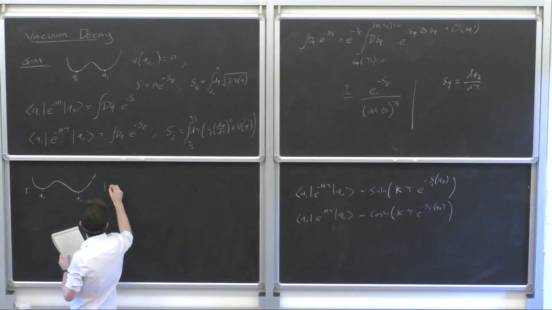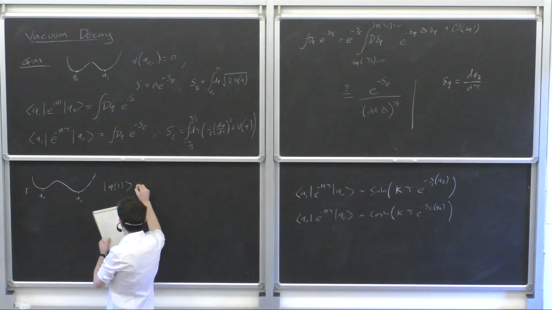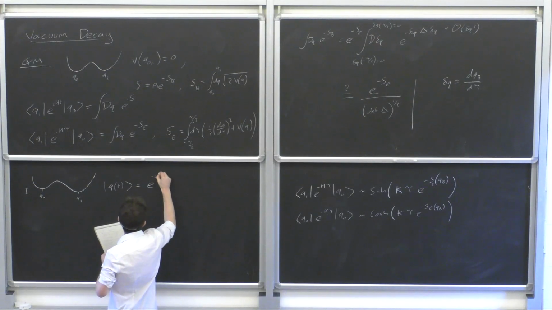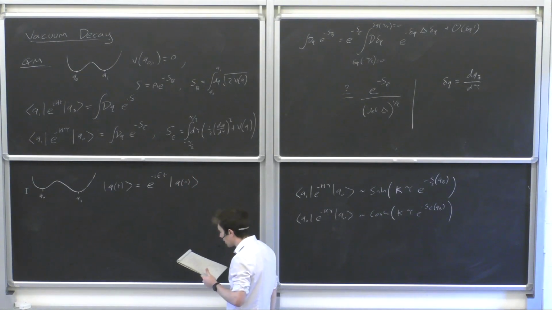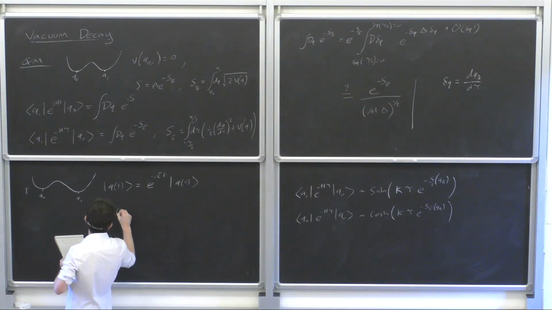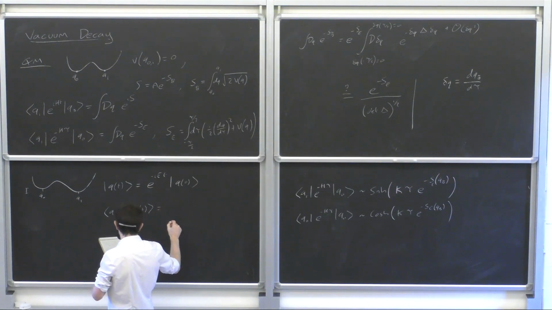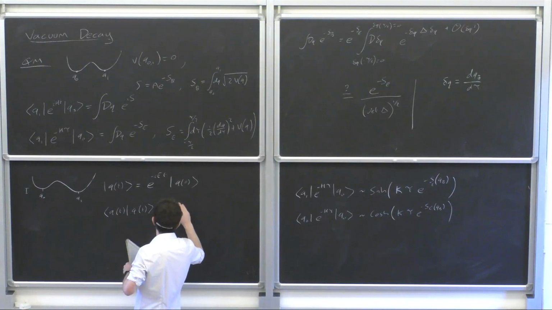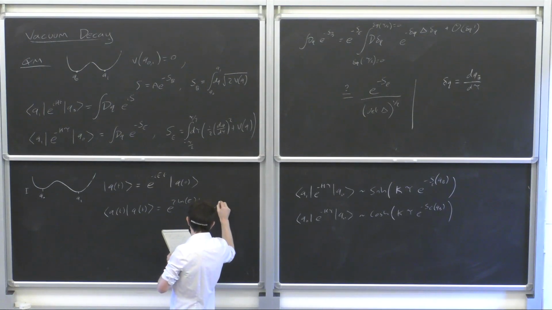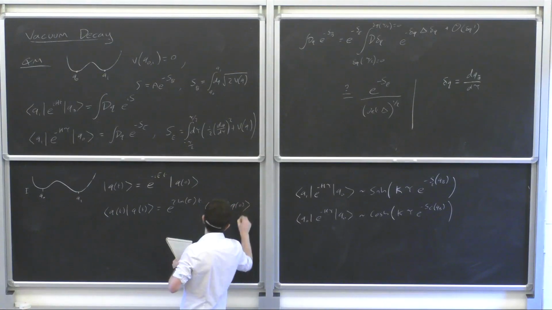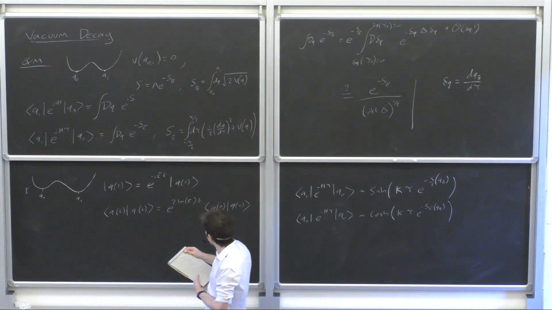So if we say that we start off in, say, an energy eigenstate around Q0, then if we have an evolution with time, starting in this state, then you can immediately see that this is true.